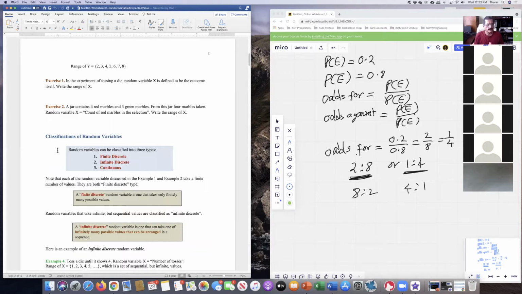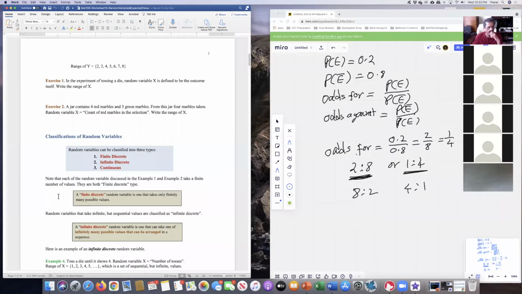All right, so far we understood what a random variable is. And now we're going to learn the classifications of random variables. A random variable can be classified into 3 kinds: finite discrete, infinite discrete, continuous. You have to be able to identify a random variable as one of these.